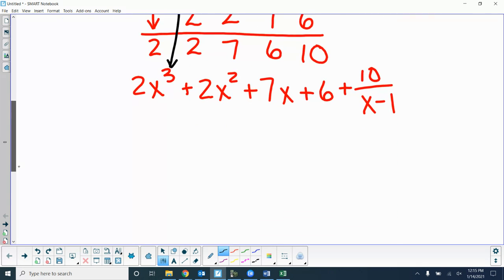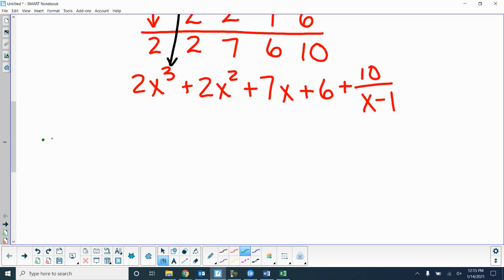Number 3. It says use synthetic substitution to evaluate the polynomial for the given value. The given value was 2, so you put a 2. You do not switch the sign.